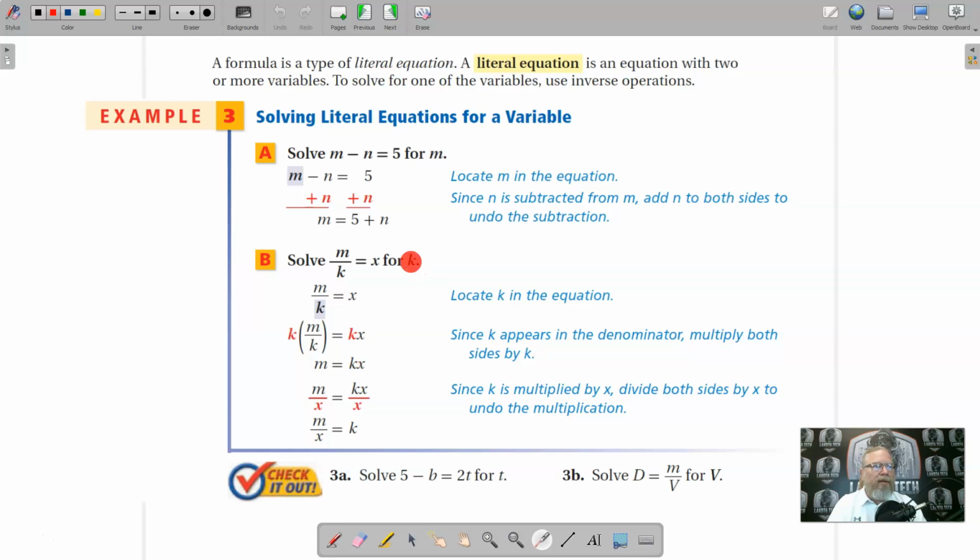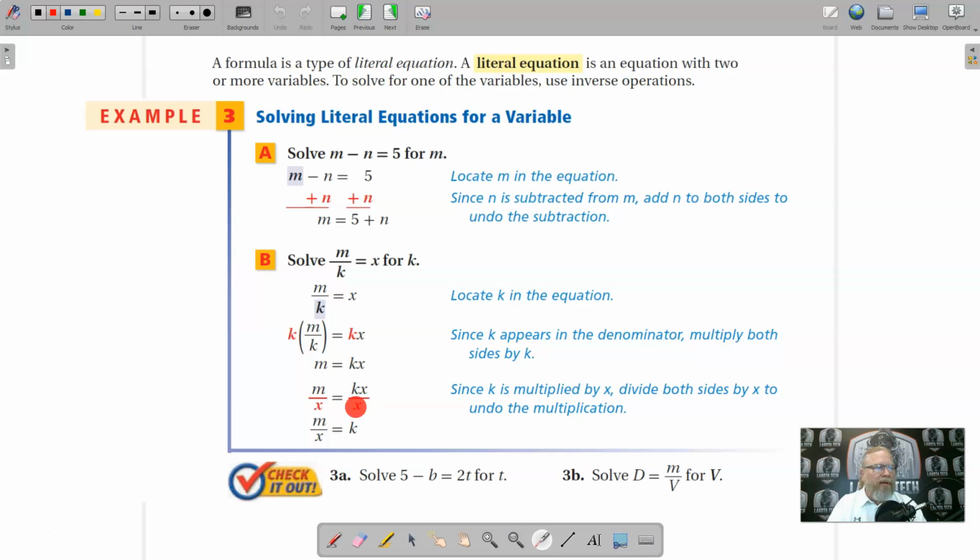But we need to solve for k, so we're not quite there yet. So now the k is tied to the x through multiplication. The opposite operation is division. Remember, every fraction is a division problem. So we're going to divide by the variable or value we wish to get rid of. And so we're going to divide by x because we want to get the k by itself. What we do to one side, we're going to do to the other.